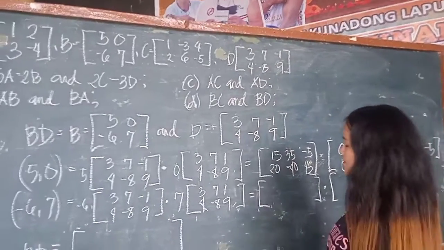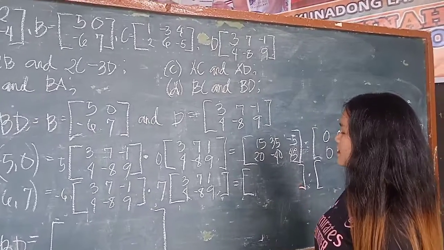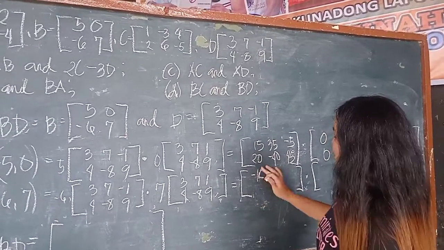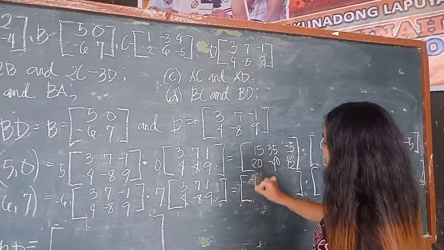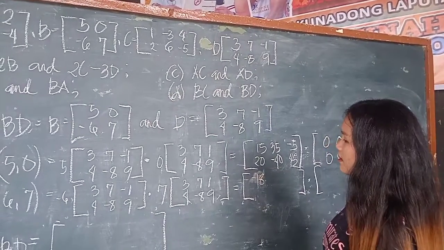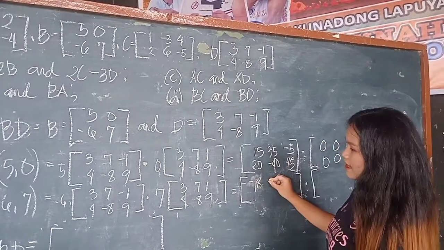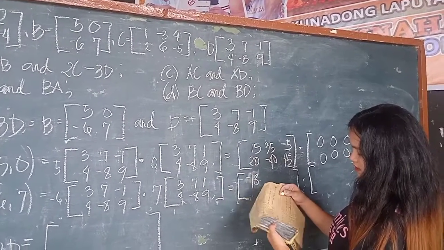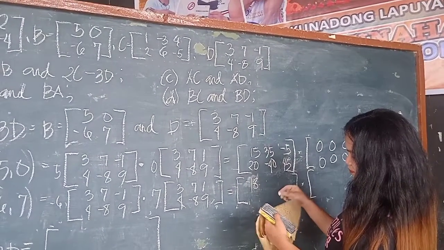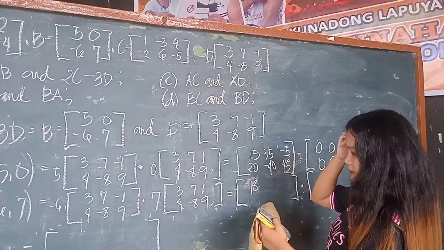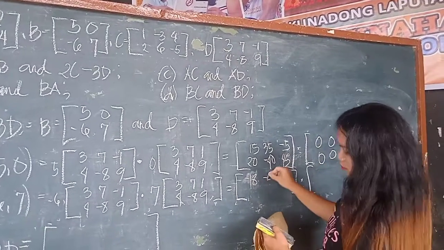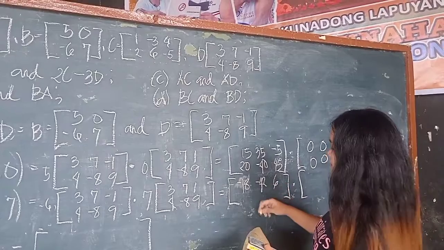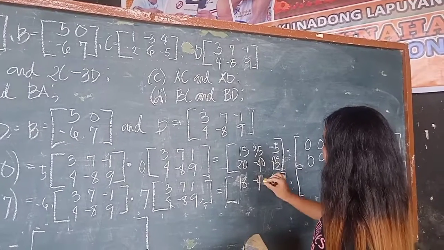And let's proceed to negative 6 and 7. Negative 6 times 3 equals negative 18. Then negative 6 times 7 equals negative 42. Negative 6 times negative 4 is positive 24, same sign.